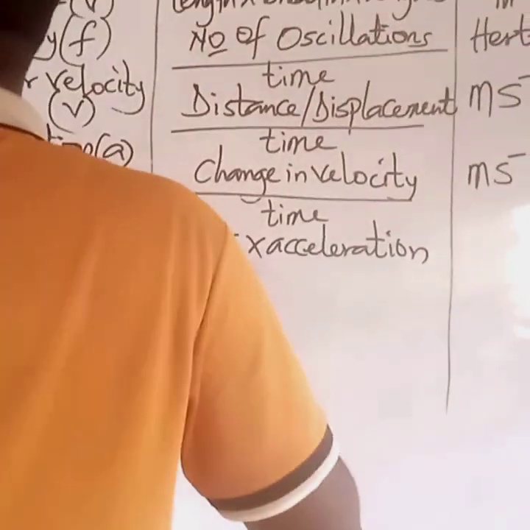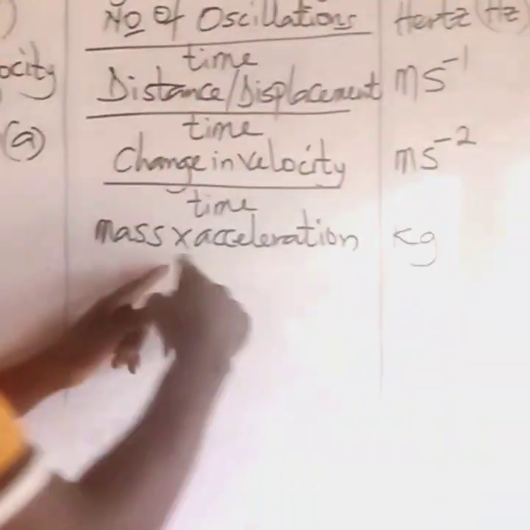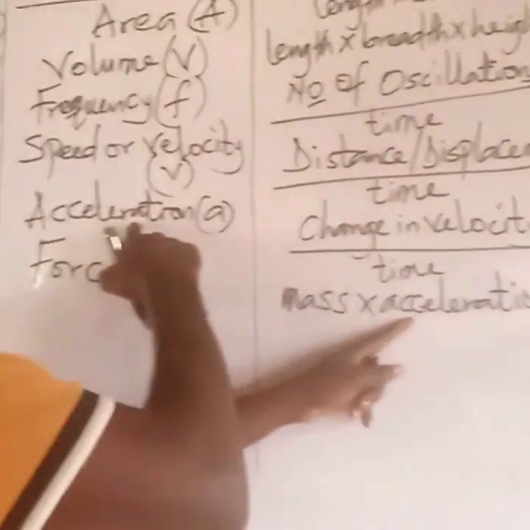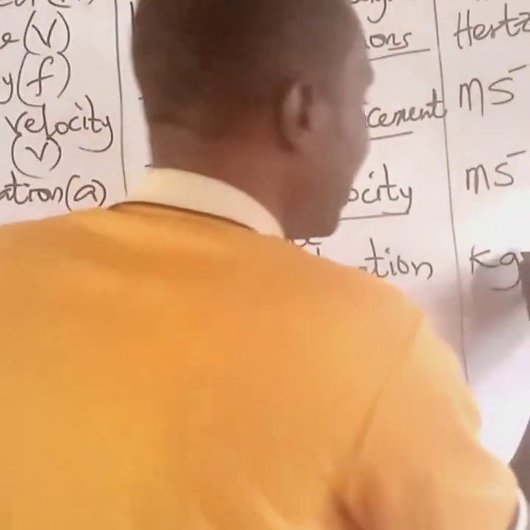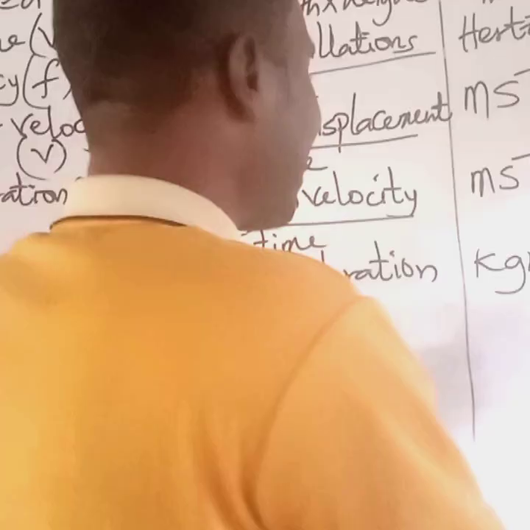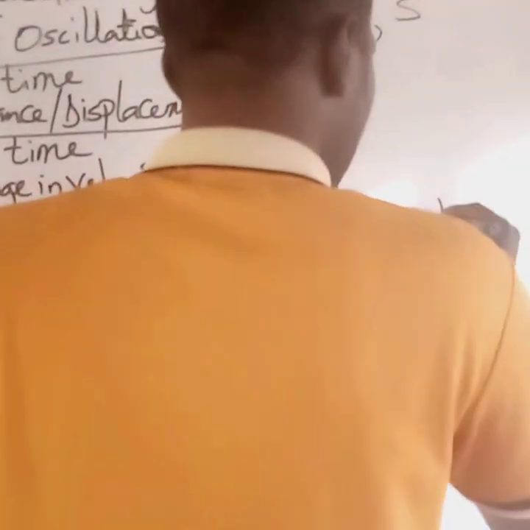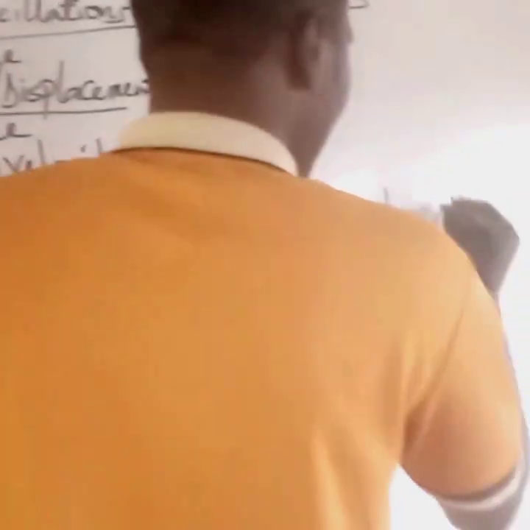For mass, the unit is kilogram, so we say kilogram multiplied by acceleration, which we have done as meter per second square. The SI unit for force is Newton.